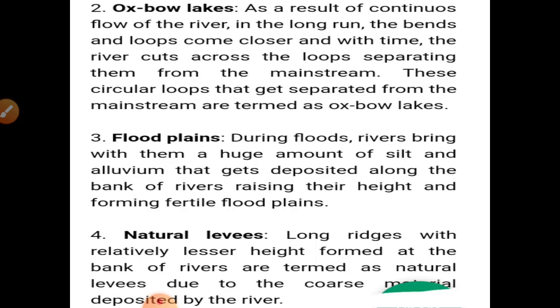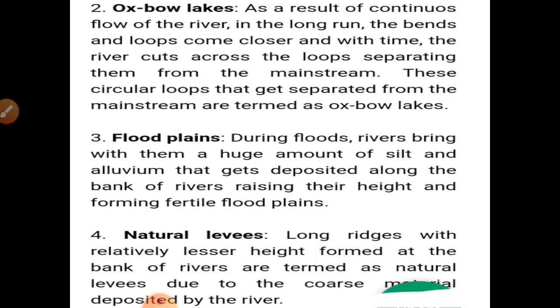These circular loops that get separated from the mainstream are termed as oxbow lakes. Third one is flood plains. During floods, rivers bring with them a huge amount of silt and alluvium that gets deposited along the bank of the river, raising their height and forming fertile flood plains.